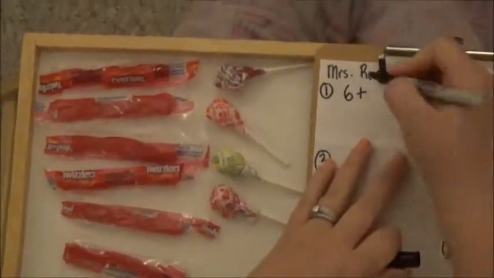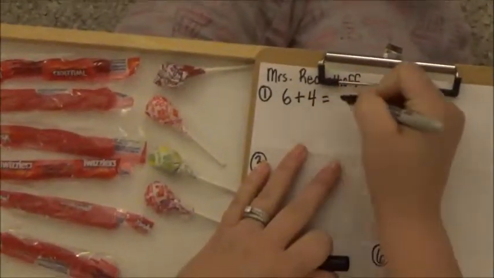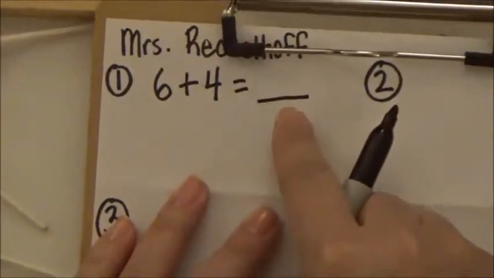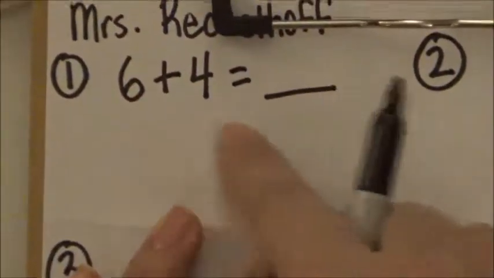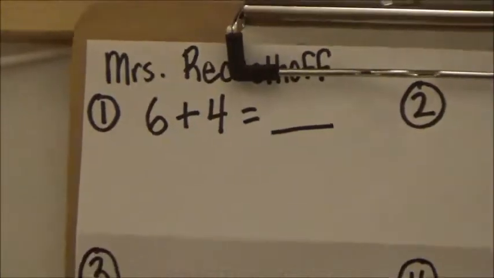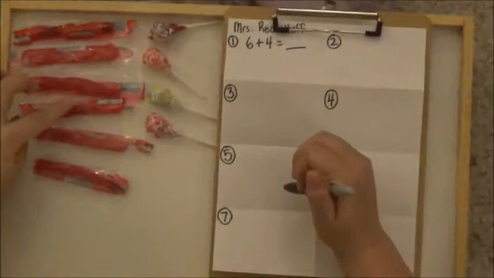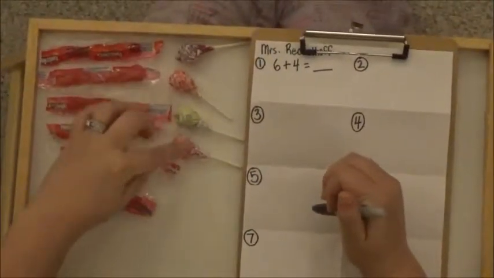I have 4. I want you to write that problem and then find the sum and write it on your paper. If you need, you can count your pieces of candy again.